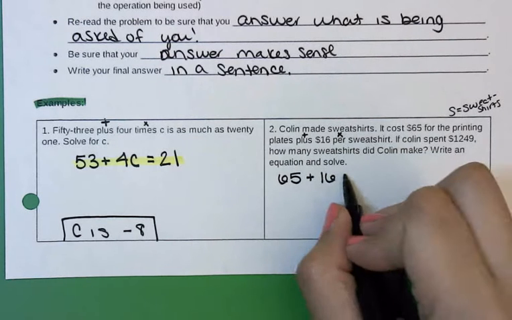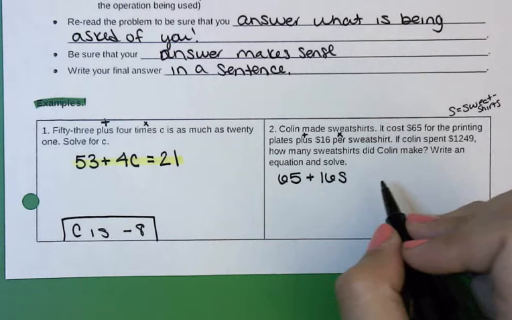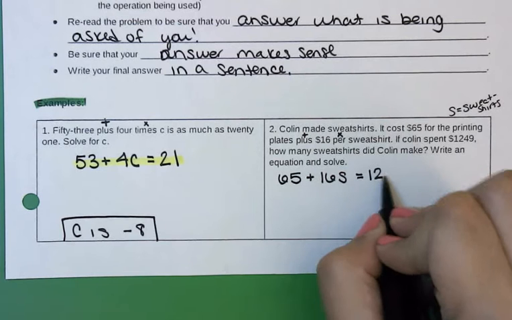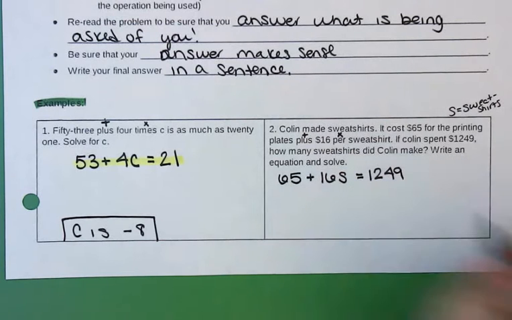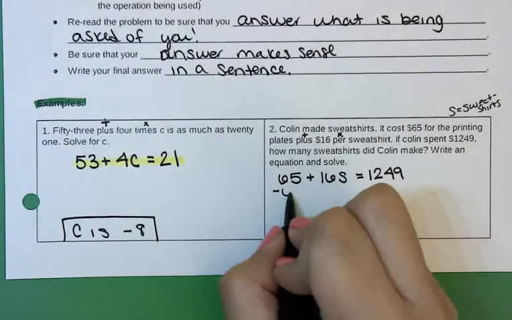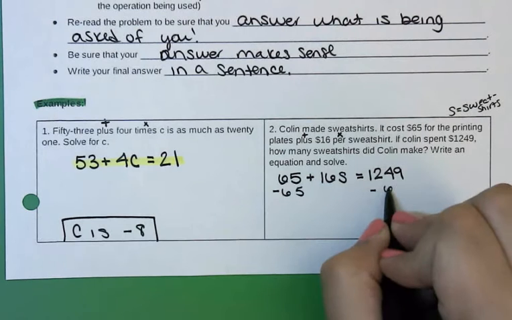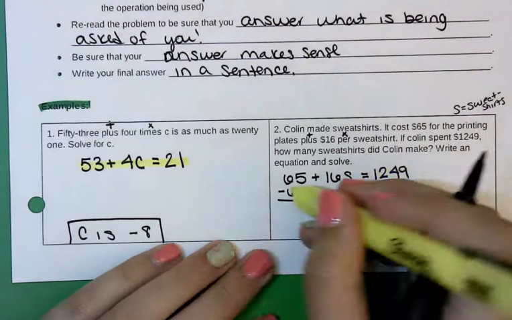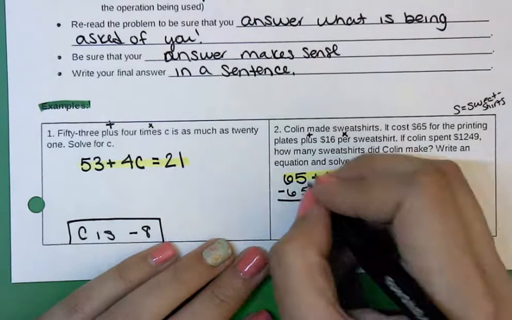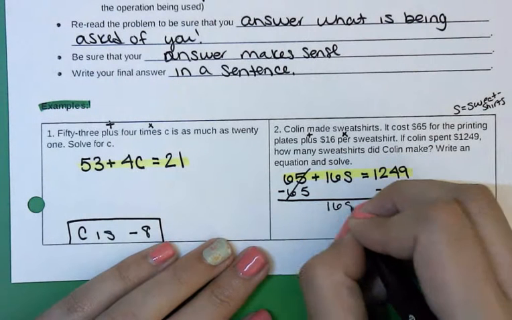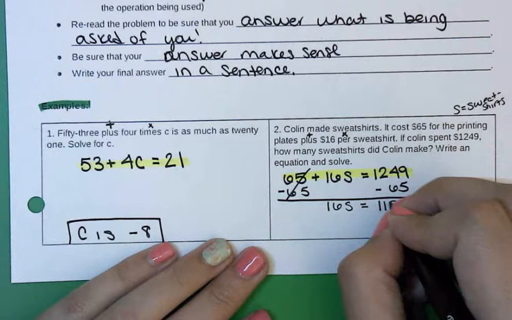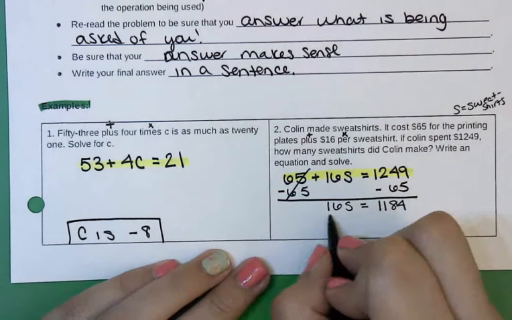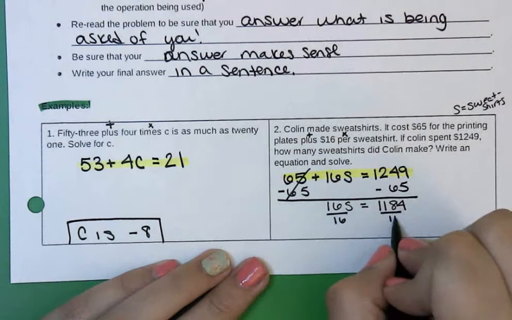So here we can subtract 65 from both sides of the equation that we created. So 16S equals 1,184. Divide by 16, and we have S equals 74. So that means that Colin made 74 sweatshirts.